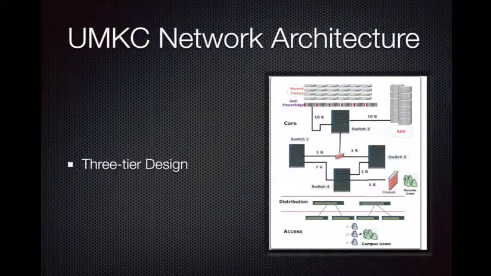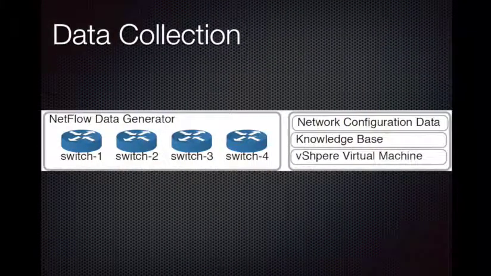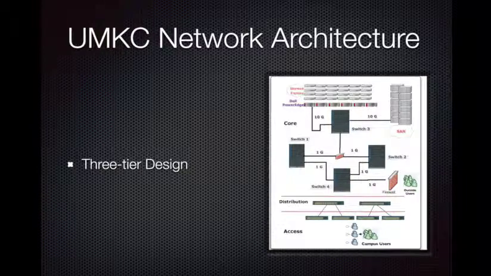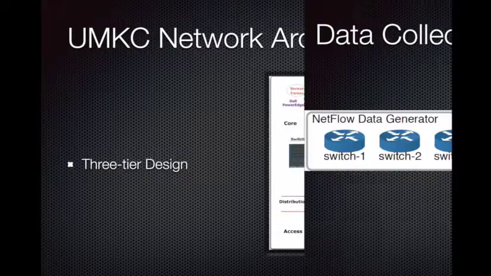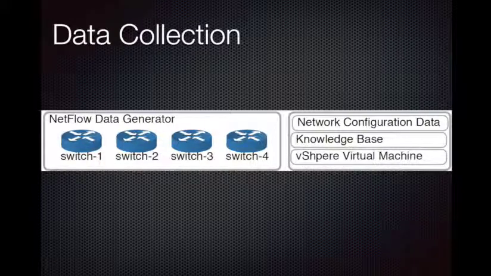Our UMKC network architecture is a three-layer design: access, distribution, and core. This is the basic architecture which we will be accessing, which will give us the network data. As I spoke before, these are the different kinds of data we will be using.